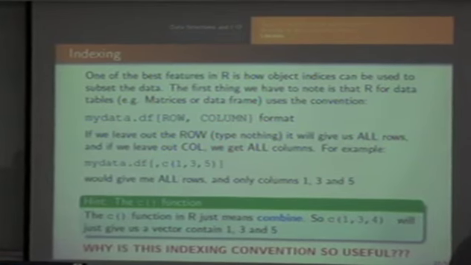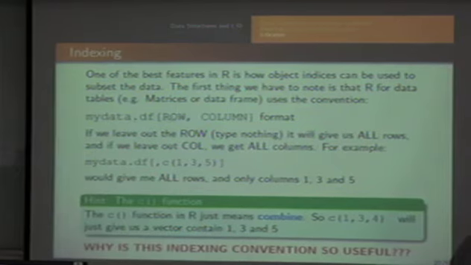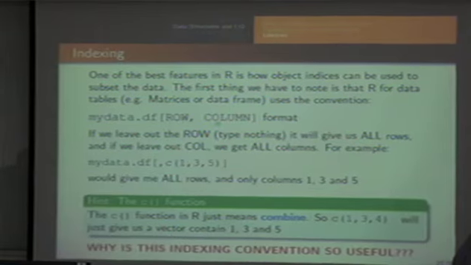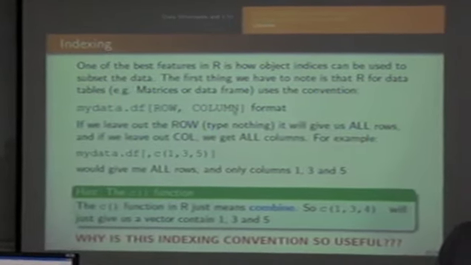But basically, whenever I have a matrix or a data frame, to access a specific row or specific column, I use these square brackets. So if I wanted the first 10 rows, for example, I could say, give me rows 1 to 10, or the first 10 columns, I could say, give me columns 1 to 10.